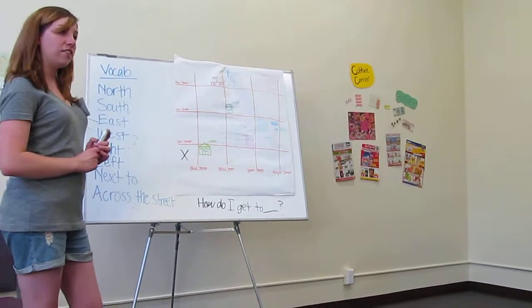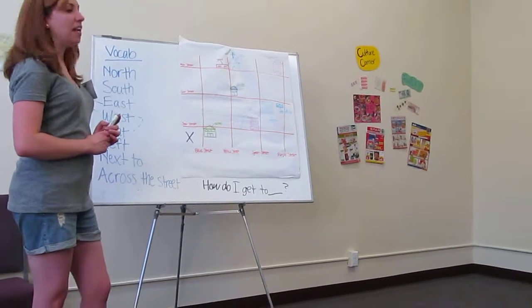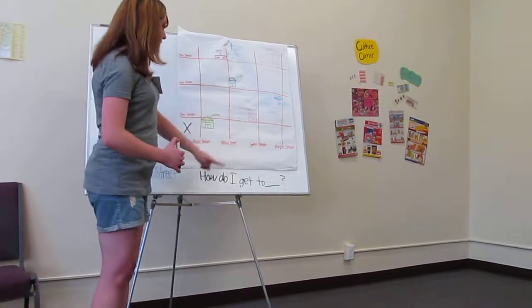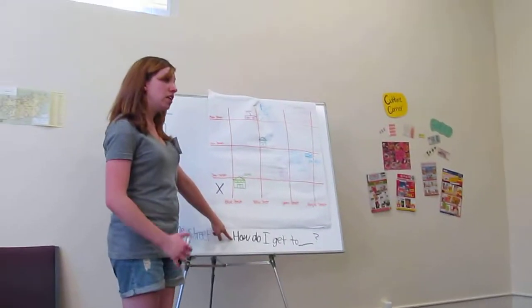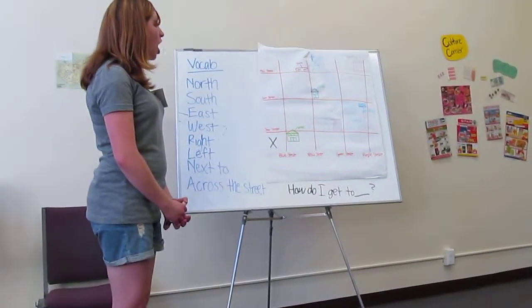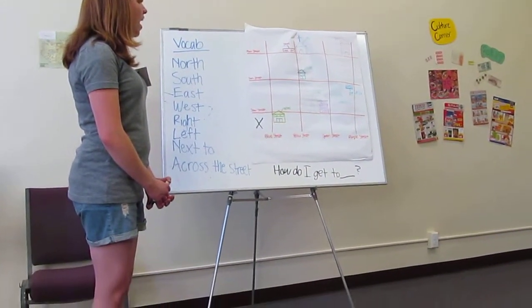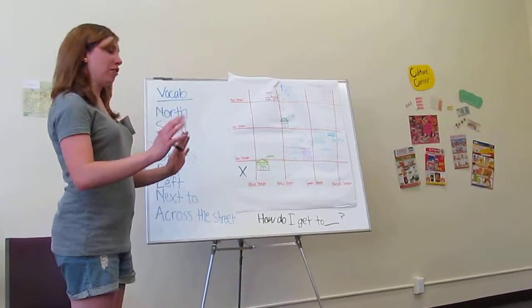Very good. All right, now, Sam, would you like to ask me this question? How do I get to the tree? The tree. Go east on Star Street and stop after, okay, I'm gonna start over.